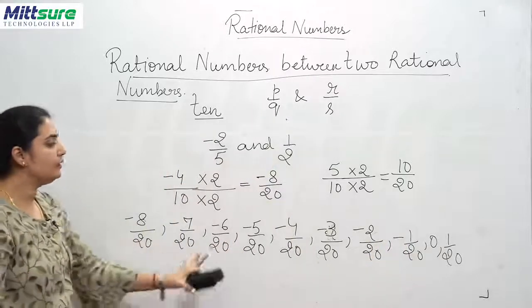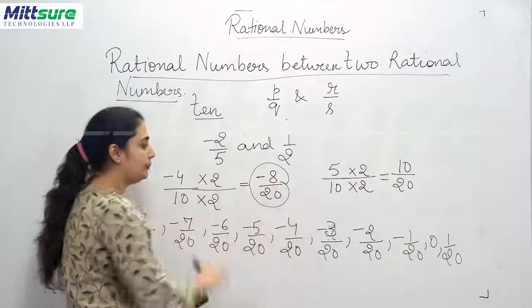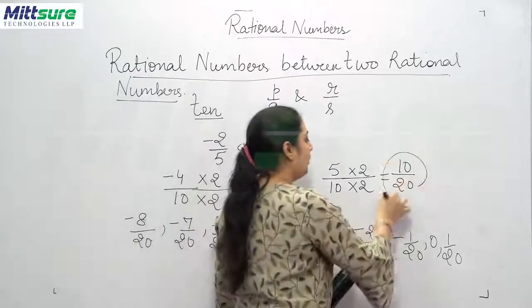So the required 10 numbers can be taken from the range of -8 upon 20 to 10 upon 20.